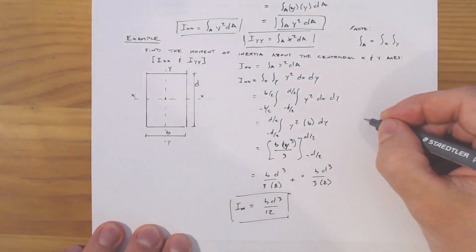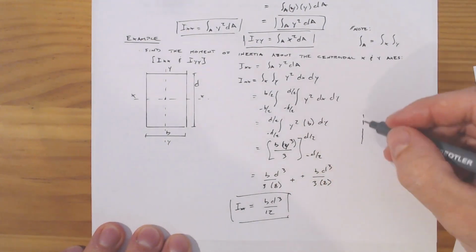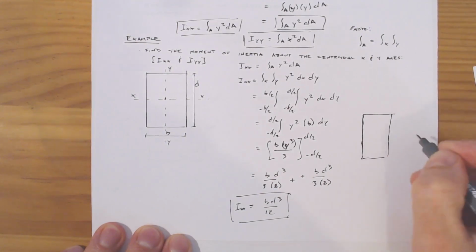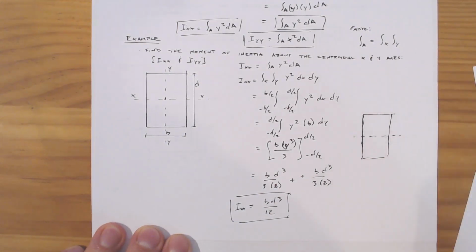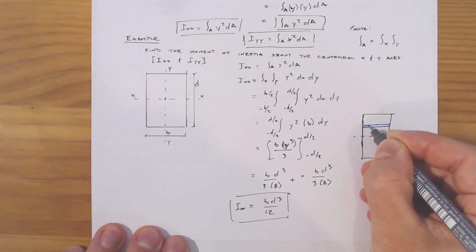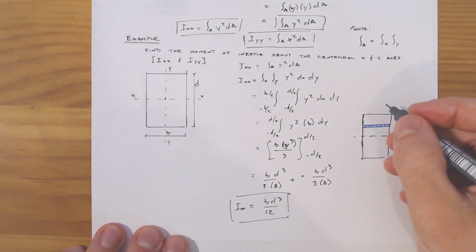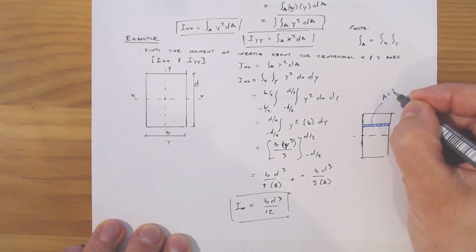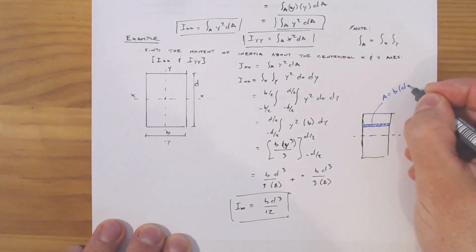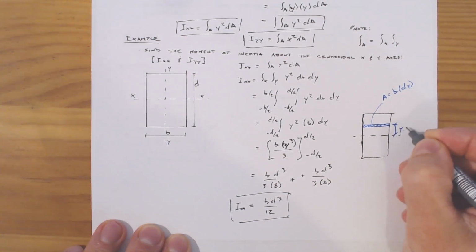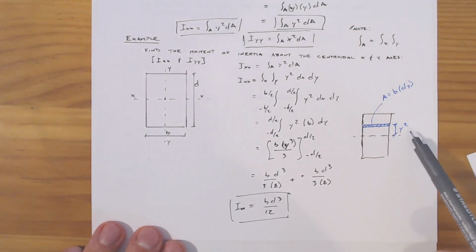And really what this is doing is, if we have some area and we have some distance here, we're taking a strip that has the area equal to the width times a height dy, and we're working out its second moment of area, y squared.